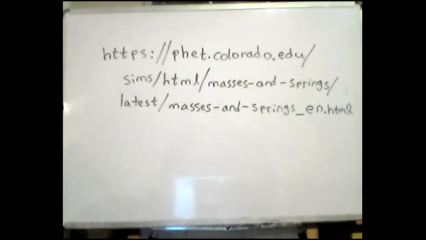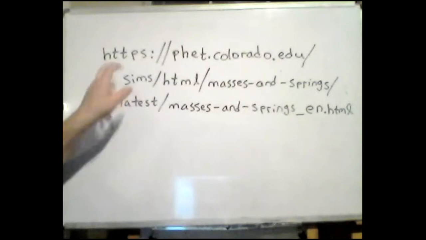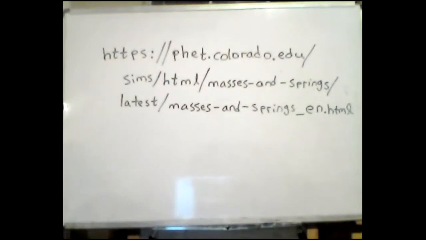So the lab, if you notice at the very top of the lab, there are two links. The first link is wrong. Instead, you should go to what I have written on the board here. The top link is supposed to be for Hooke's law, the second link for the gravitational force.